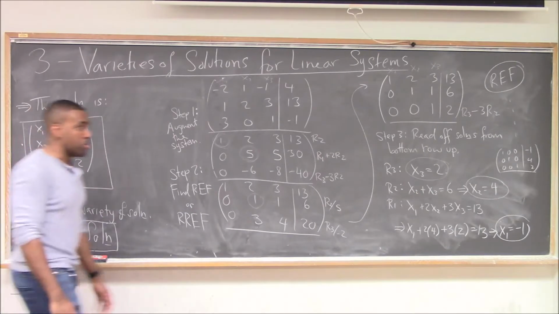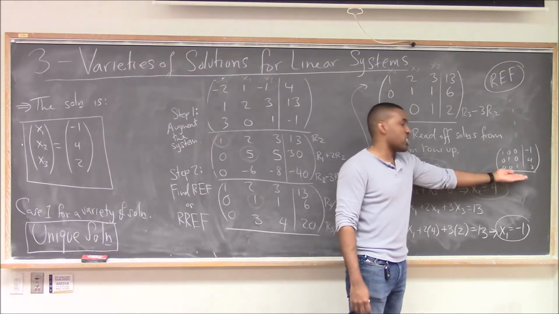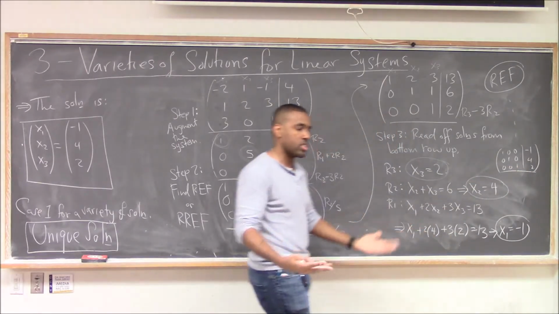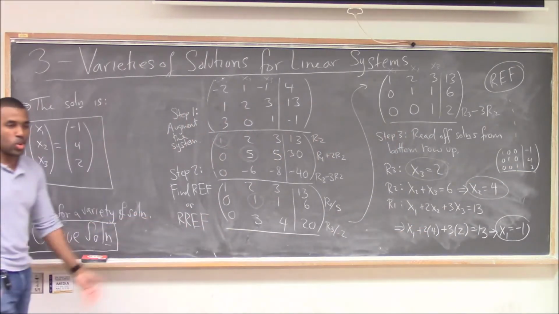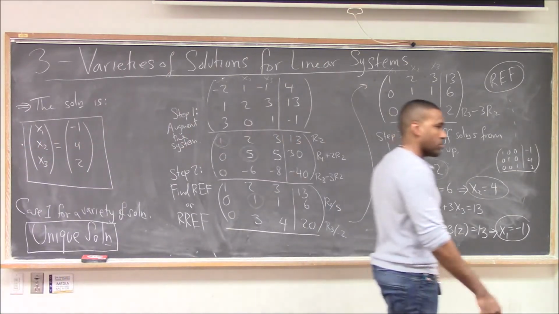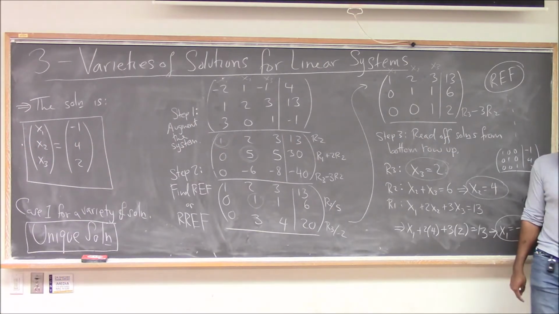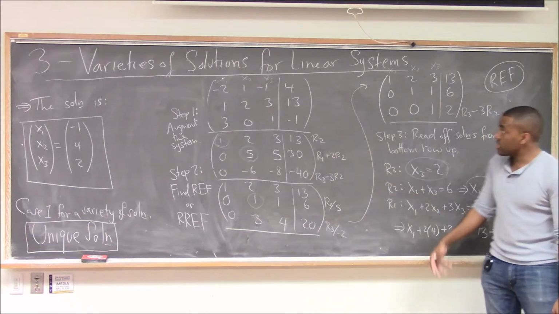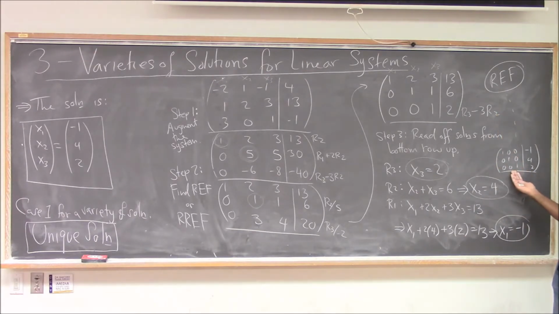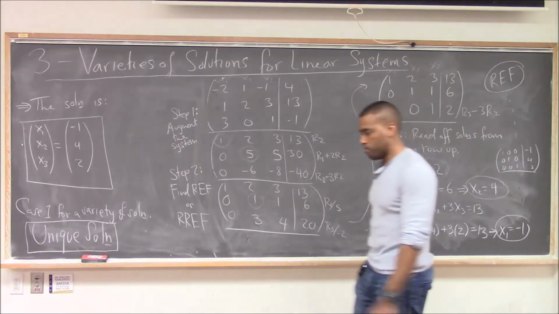But once you get to this, there's literally only one way to write down the reduced row echelon form. Everyone's answer has to look the same, or else I can know who made a mistake. Because a different set of row operations can give you a different looking matrix at this level. But once you get to the reduced echelon form level, they would all converge to the same matrix.